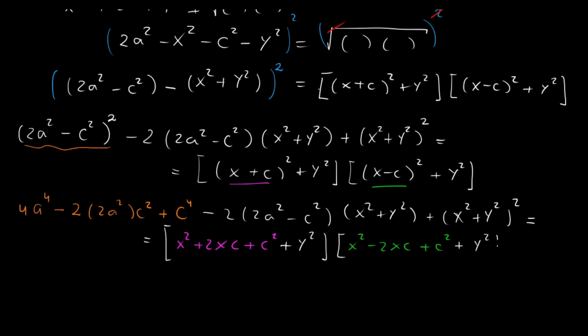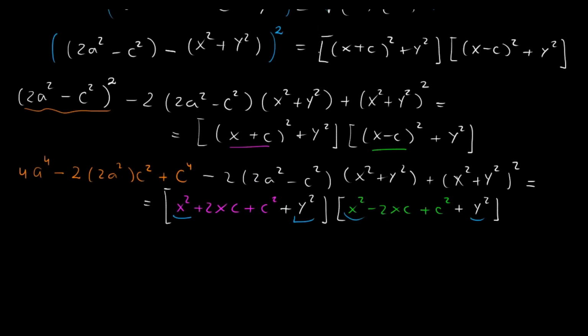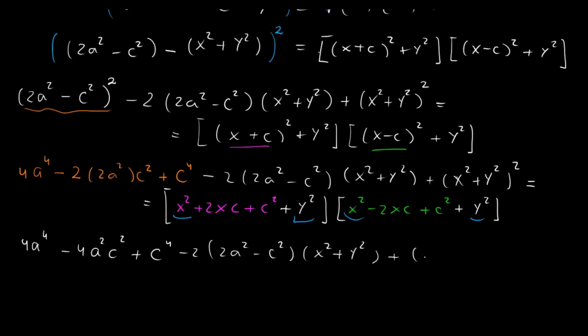plus y squared. And notice that we have this x squared and this y squared, and this one and this one, so we're gonna rearrange these two terms to look differently. So we'll have 4a to the power 4 minus 2 times 2 is 4a squared c squared plus c to the power 4 minus 2 times 2a squared minus c squared times x squared plus y squared plus x squared plus y squared squared.